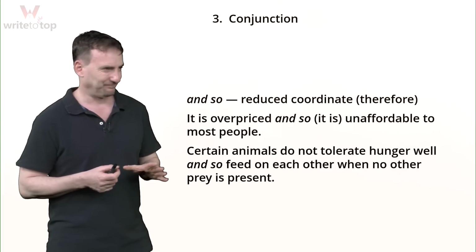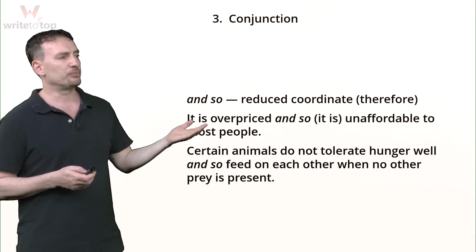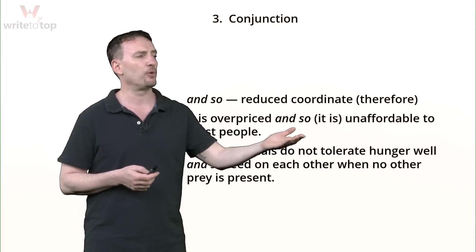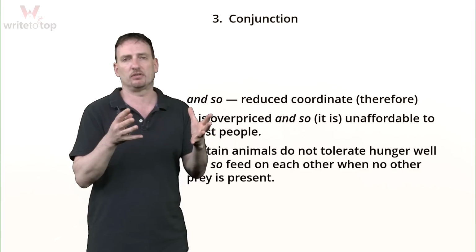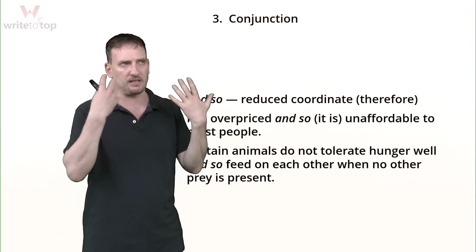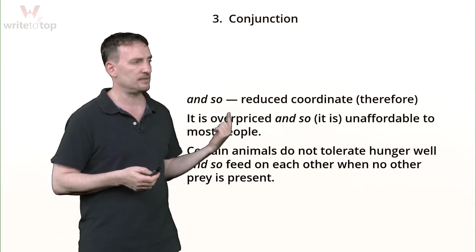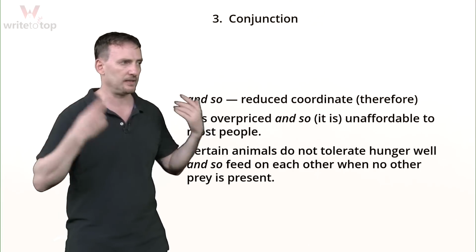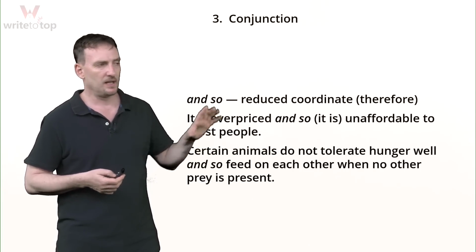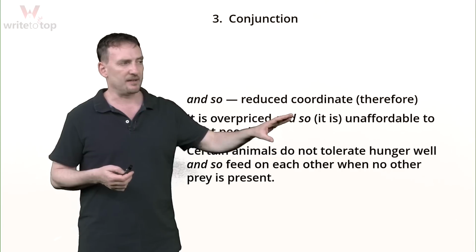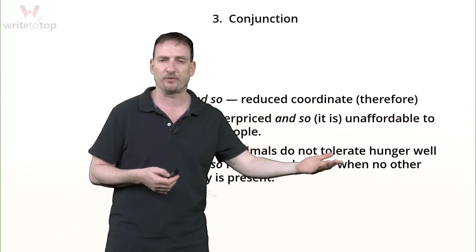And so now we're talking about the therefore, okay? It is overpriced and so unaffordable to most people. Now, technically, this is a reduced clause, right? I take the subject and verb out because they're clear enough. It is overpriced and so it is, same subject and verb, I can take them out, unaffordable to most people. So basically, this is, again, a conclusion: overpriced, therefore, it is unaffordable.